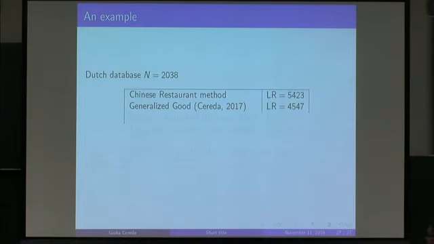This is called the generalized Good method, also for rare type match, and they are pretty close to each other.